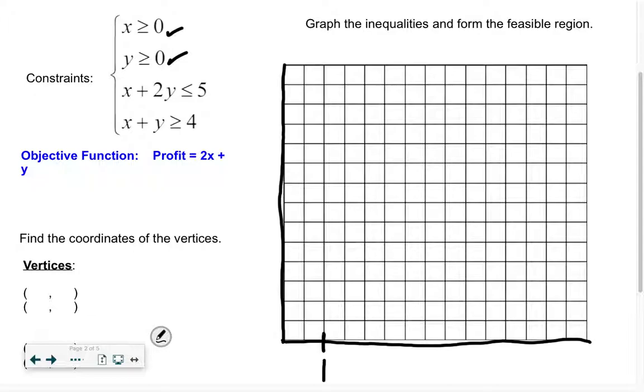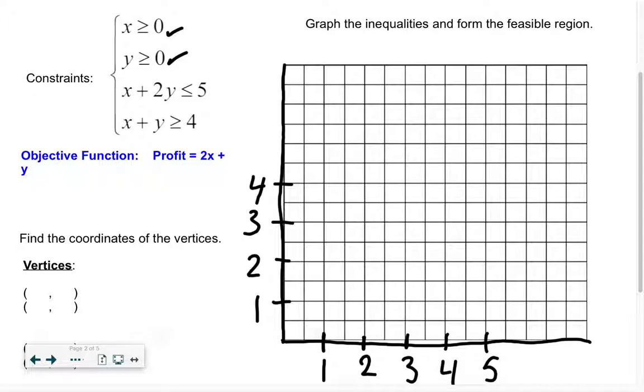Every 2 is going to be 1 on both of them. Okay. Ready?